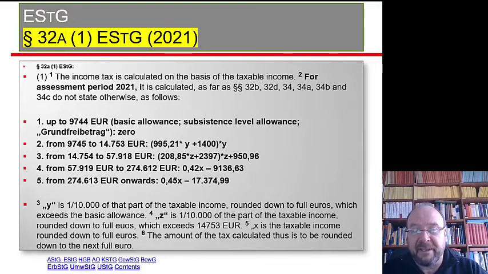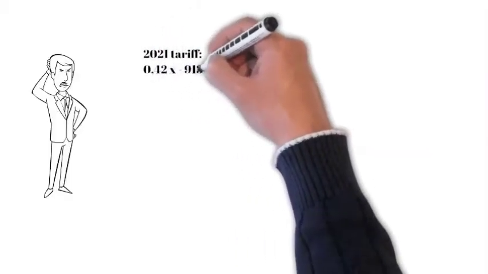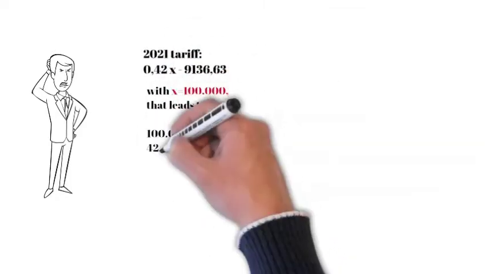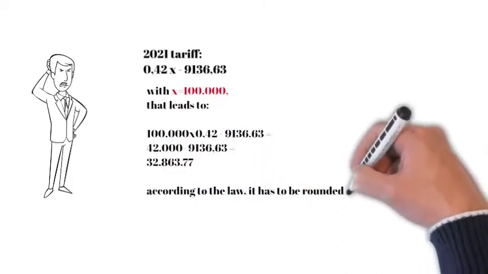This exactly corrects the fact that for the first parts of the income, less than 42% should be due. So what we can do here is now take this formula, 0.42x minus 9136, as the basis for our calculation. So we take the tax tariff, then fill in the 100,000 for x, calculate it, and there will be a result.